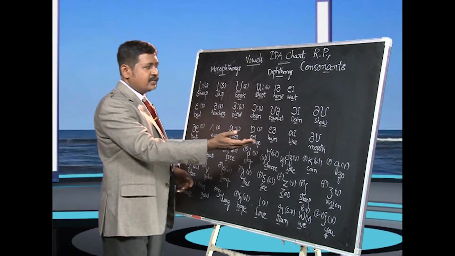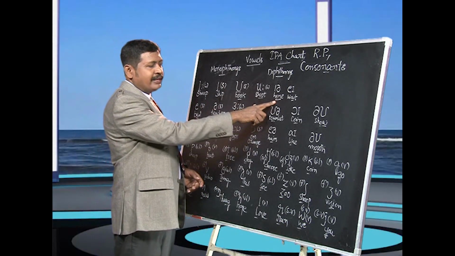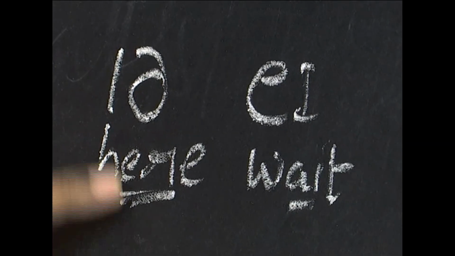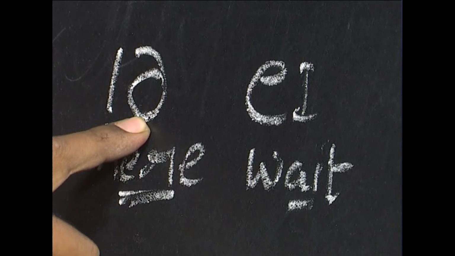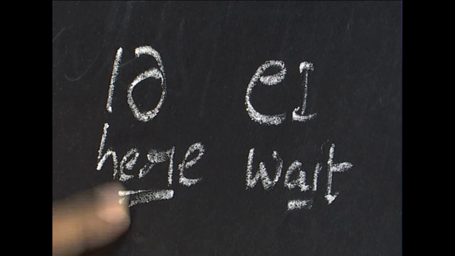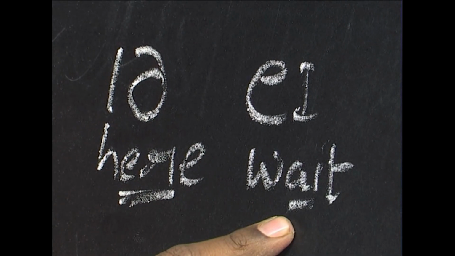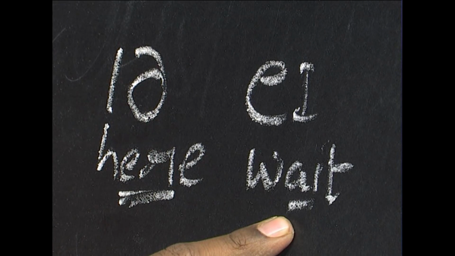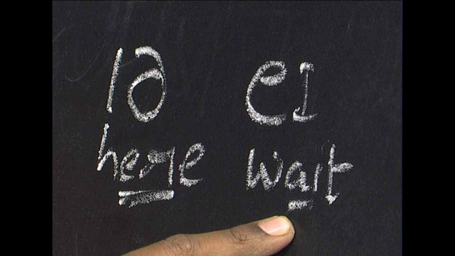Now the 8 diphthongs that we have seen are here: ear sound. Fear, here, dear, for those sounds. Okay. 8, wait, straight, bait.